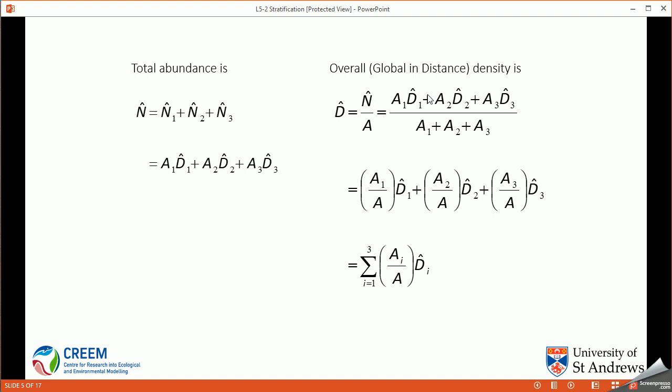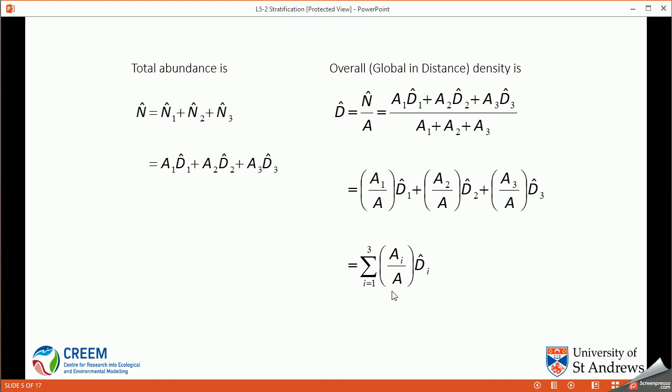And then we can factorize this a little bit, just calling the bottom thing capital A, and then it becomes a sum of the first density multiplied by A1 divided by capital A. So this thing in brackets is the fraction of the whole area that is in stratum number 1, and we multiply that by the density of stratum number 1, and then the same for the other 2 strata in this example.